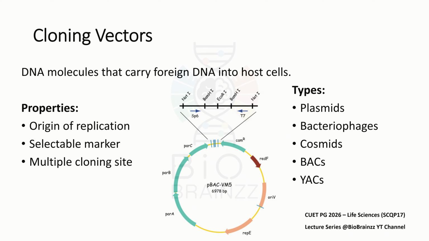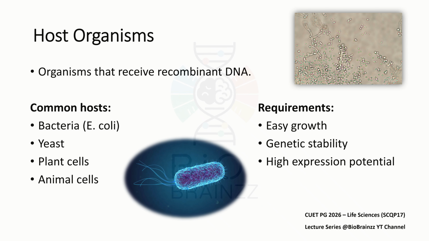Various vector systems exist, including plasmids for small inserts, bacteriophage for efficient delivery, and artificial chromosomes for large DNA fragments. Vector choice depends on experimental objectives.